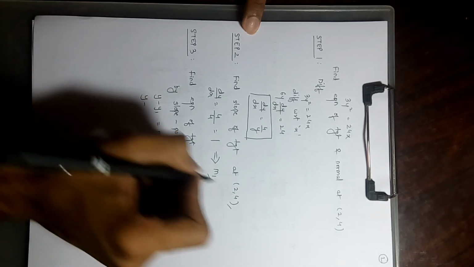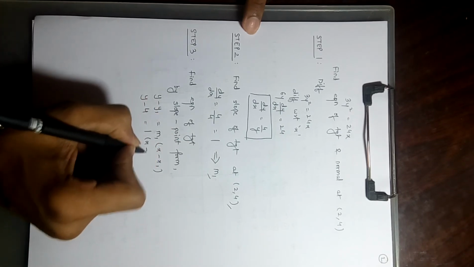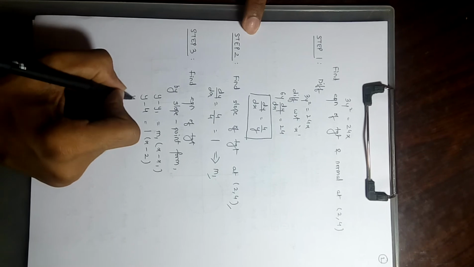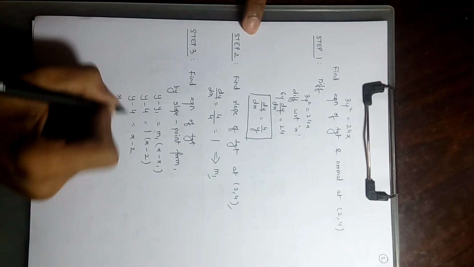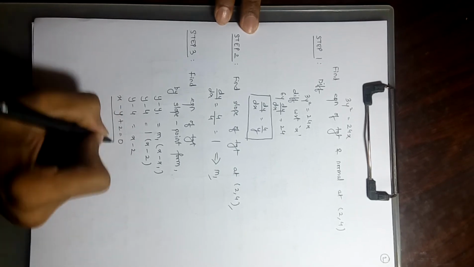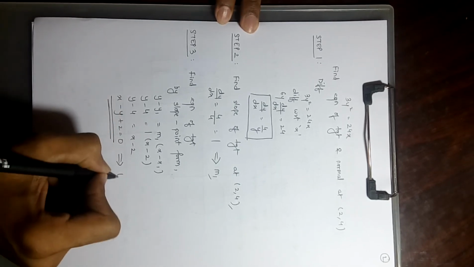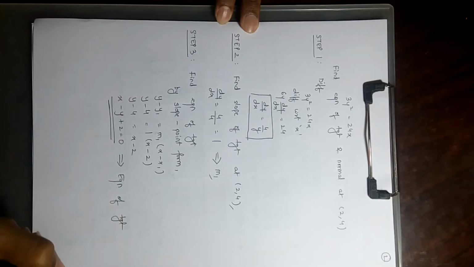So y minus 4 equals 1 into x minus 2. So y minus 4 equals x minus 2. X, I take y over there, minus y plus 2 equals 0. Right, so this becomes my equation of tangent.